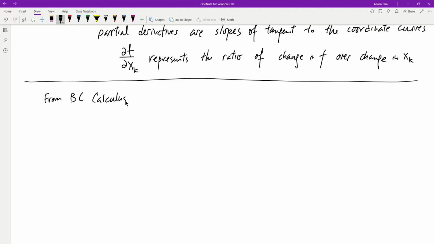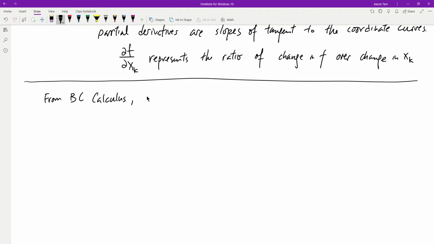From BC calculus, you probably remember learning the following concept. One of the most important concepts in BC calculus is that we define the derivative of f to be the slope of the tangent, and we approximate the slope of the tangent by using the slope of the secant.